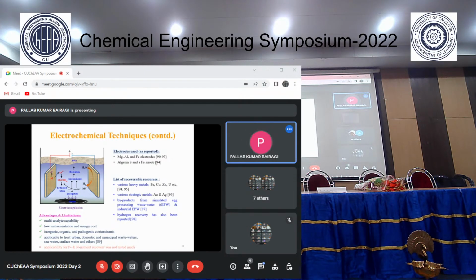Gajda et al. in 2017 showed a high percentage of heavy metal recovery, that is iron, copper, and zinc, in a microbial fuel cell. Uranium removal and recovery, approximately 89.71%, was also reported in a study. Metal can also be recovered in its hydroxide form. In a study, hydrogen recovery was also reported.